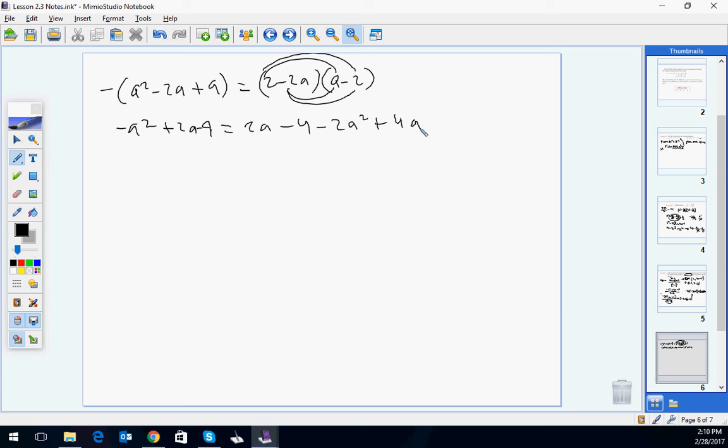Okay, and now we're going to move everything to the left so I get positive a squareds, because right now we're just solving for a.